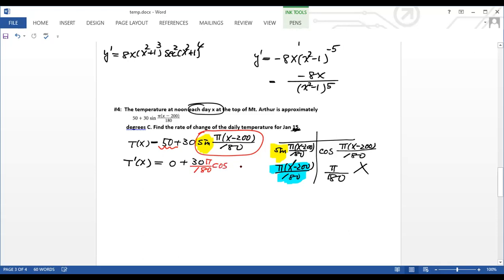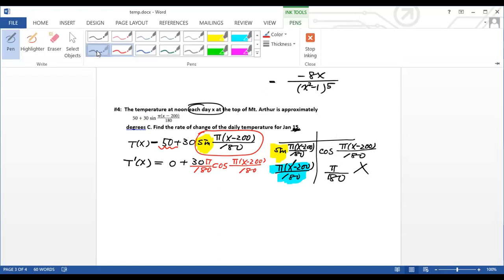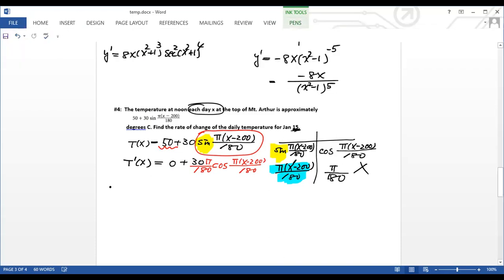Then I have a cosine of pi times x minus 200 over 180, right? This is the derivative. Now, in here, they ask for day 15. So I'm looking for P prime of 15.